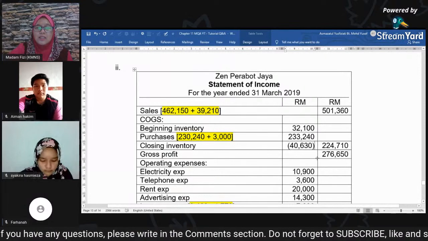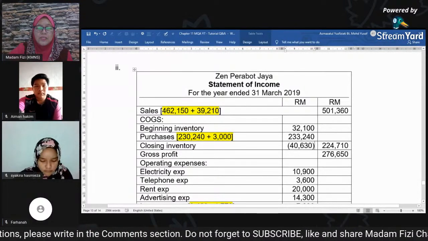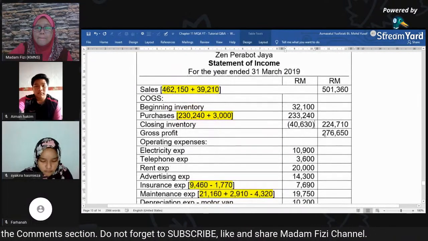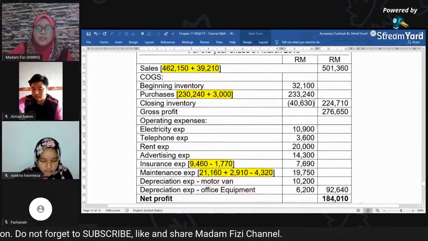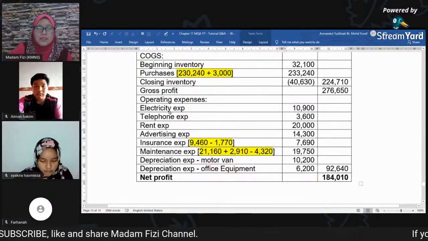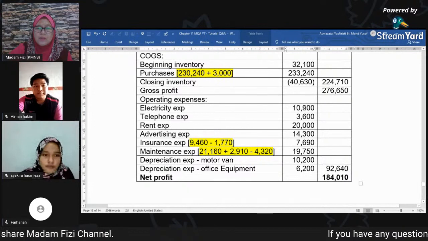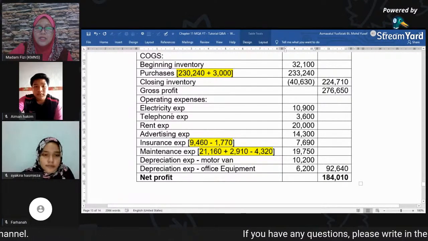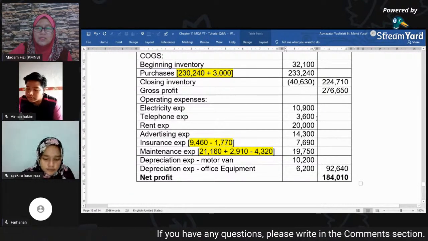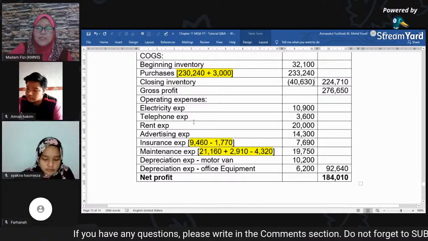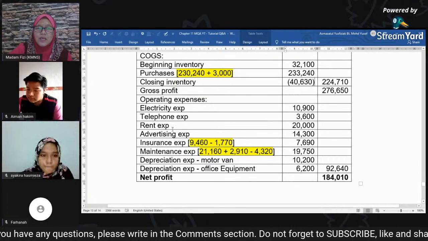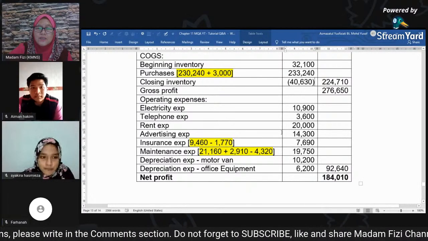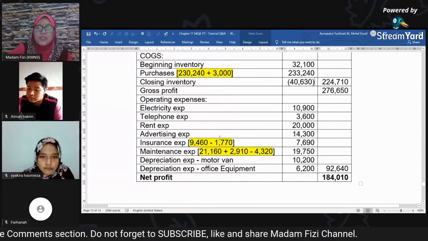Okay. So operating expenses: electricity expenses is 10,900. Telephone expenses is 3,600. Rent expenses is 20,000. Advertising expenses is 14,300.